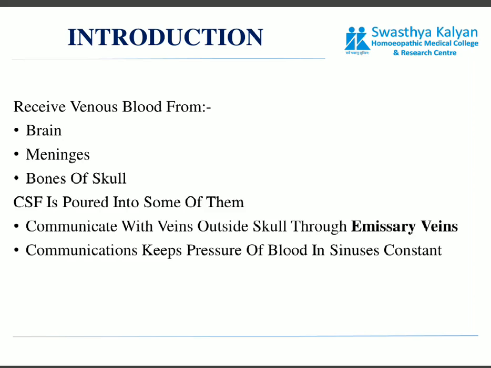The advantage is it keeps the pressure of the blood constant, and the disadvantage is any infection or any injury in the extracranial region can easily transfer to the intracranial region through these emissary veins.